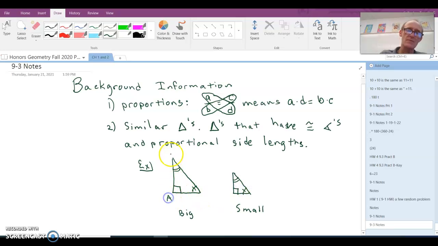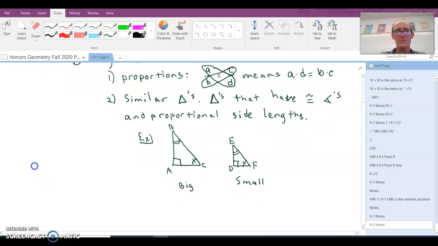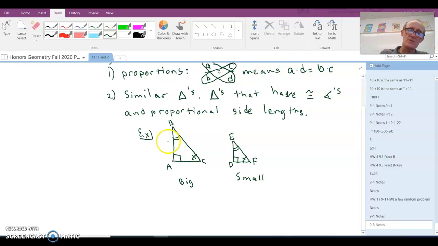This is A, this is B, and this is C. This is D, and this is E, and this is F. This length is 3, this length is 4, and this length is 5. This length is 6, this length is 8, this length is 10.